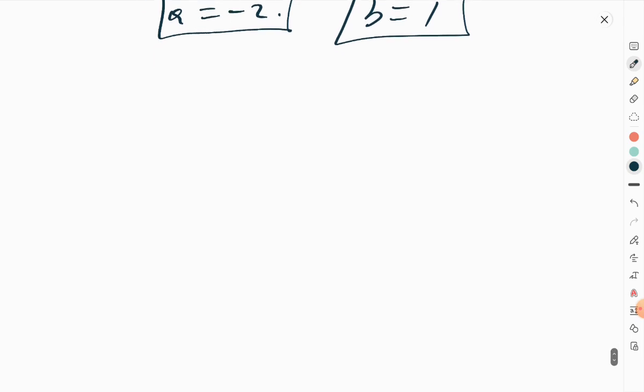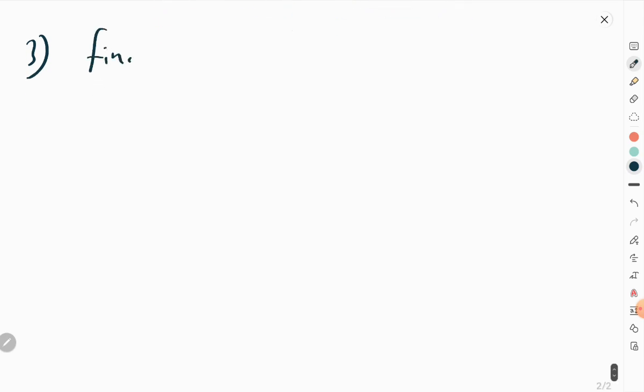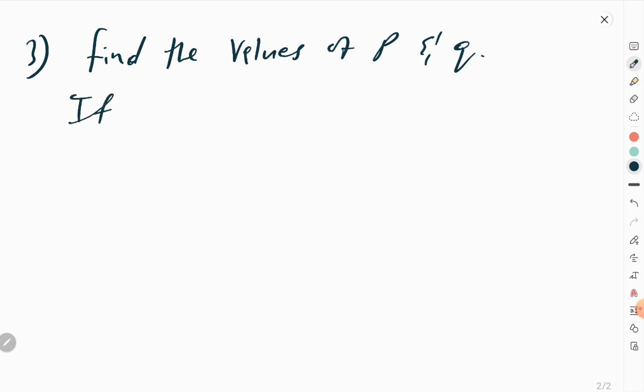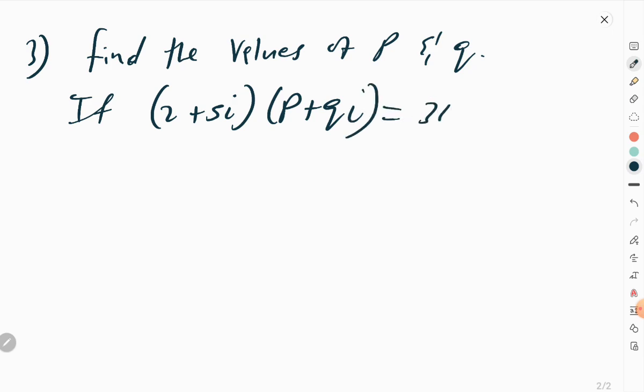So you can then partake on this one, let's say number 3, that you are to find the values of p and q if we're given that (2 + 5i)(p + qi) is equal to 36 + 3i.